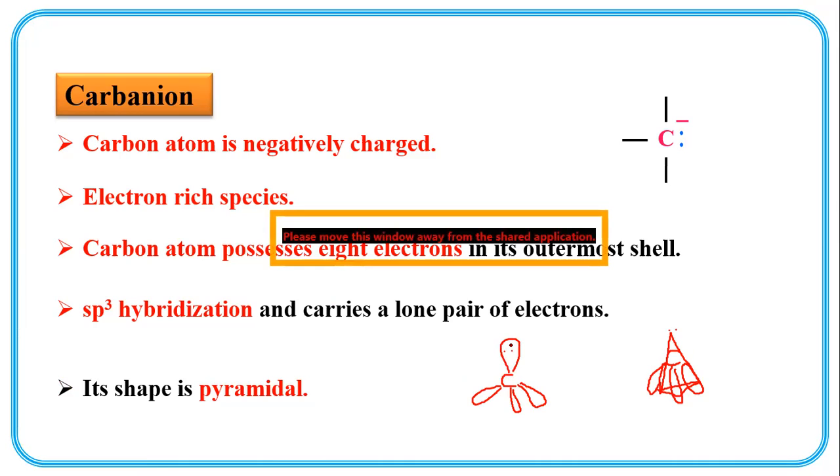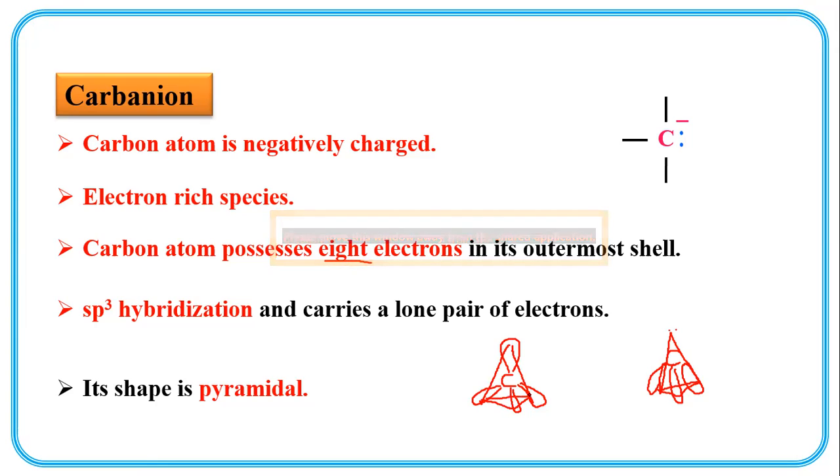So this lone pair of electrons forms an apex of the pyramid. So here it is pyramid, and here a lone pair of electrons.